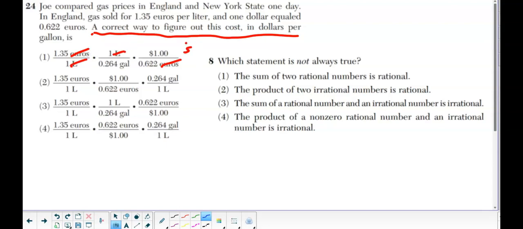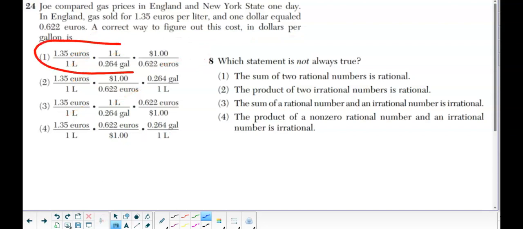So this one leaves us with dollars per gallon. This one over here doesn't have enough crossouts. This one over here doesn't have enough crossouts. And this one down here doesn't have any crossouts. So that means that this one is the conversion for dollars per gallon.